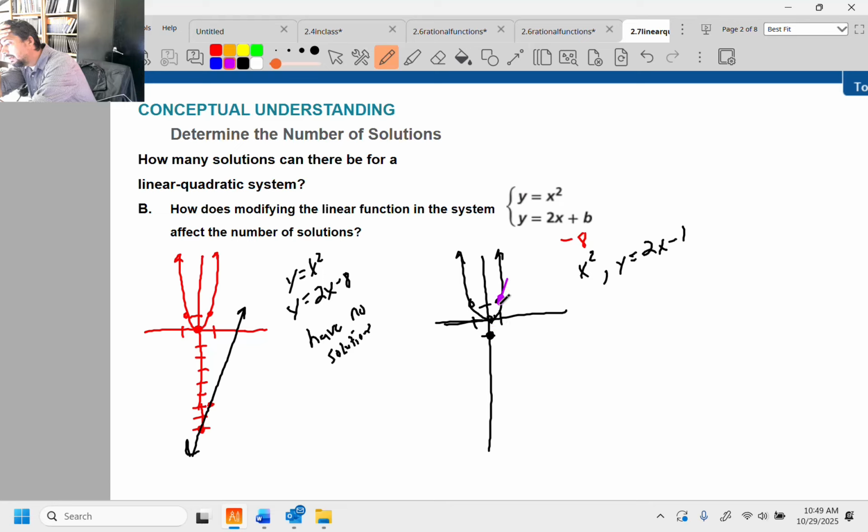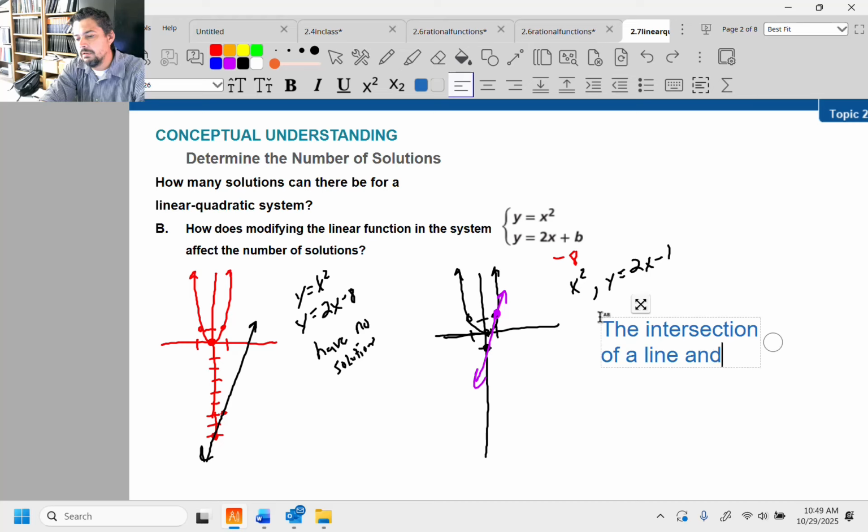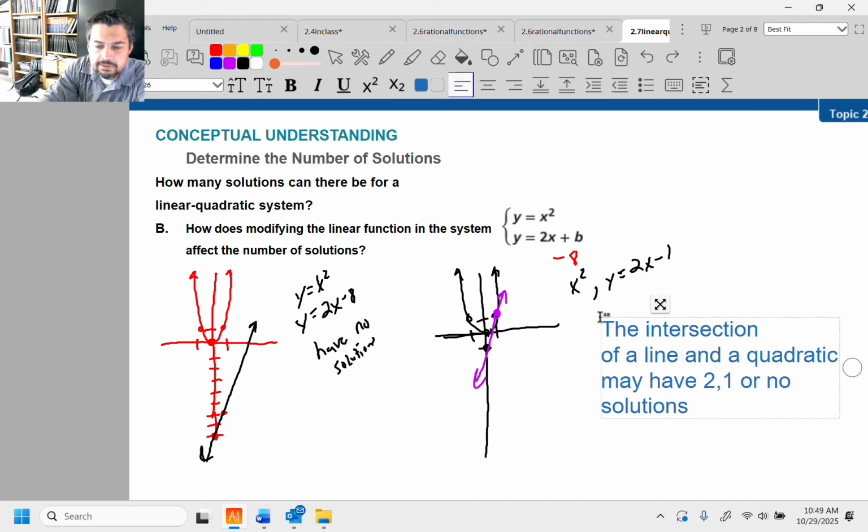I guess it still might have two solutions. But the big thing here is that when you talk about the intersection of a line and a quadratic, they may have two, one, or no intersection solutions. That's the big deal. I'm kind of tired and I don't want to write out all the models. The notes aren't supposed to be that time consuming.